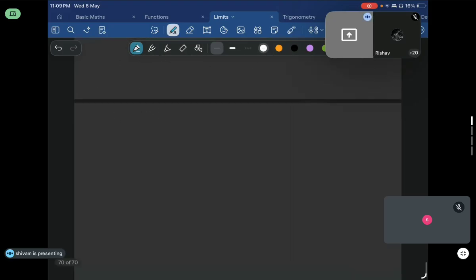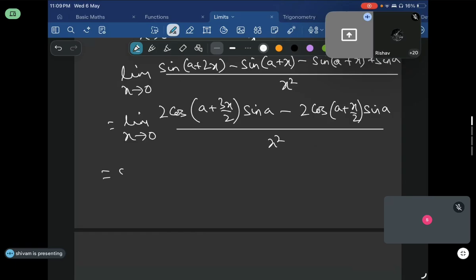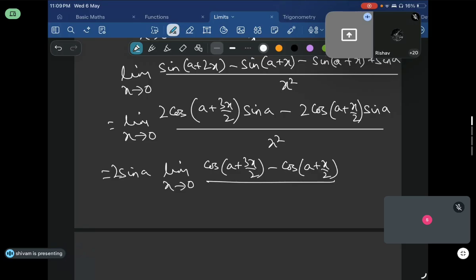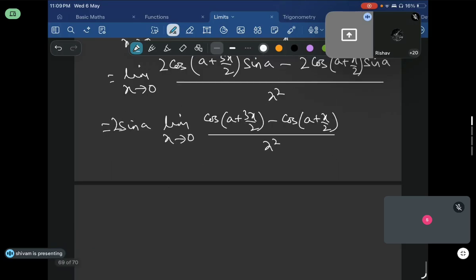Next, sine a is common, so let us take out sine a. After taking sine a common, we have got 2 sine a, limit x tends to 0, cos of a plus 3x by 2 minus cos of a plus x by 2. Again, we can use the cos C minus cos D formula.